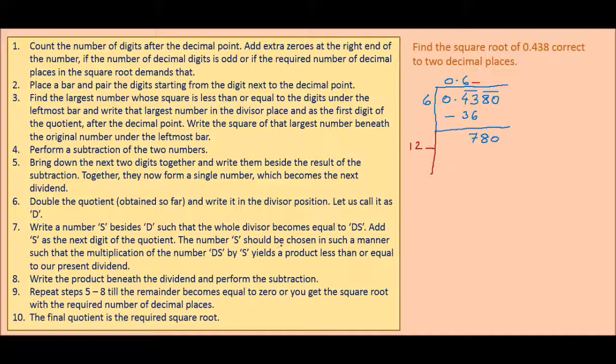The number S should be chosen such that the multiplication of the number DS by S yields a product less than or equal to our present dividend. So what will be the next number? Now let me draw the rough work column.